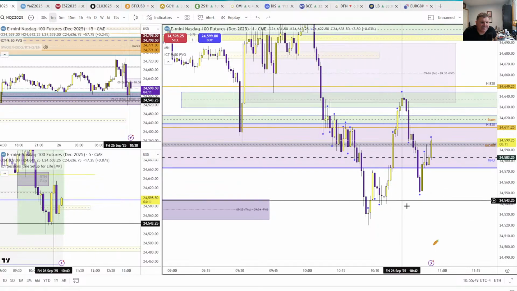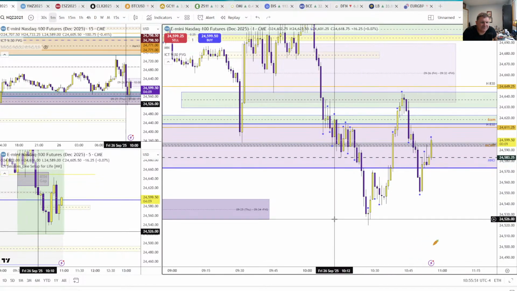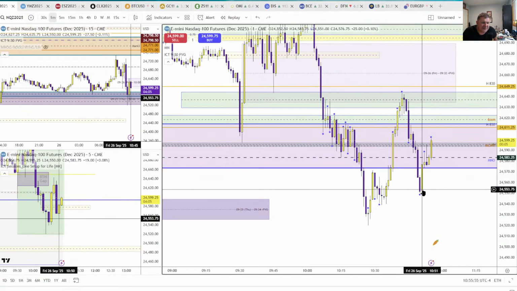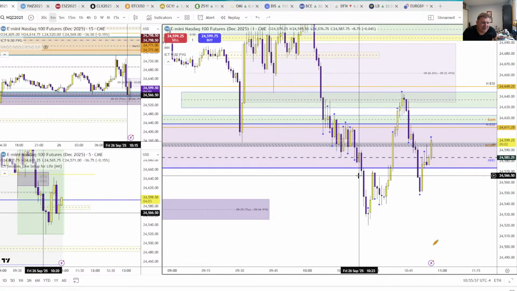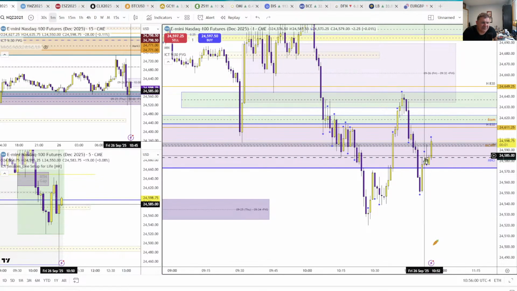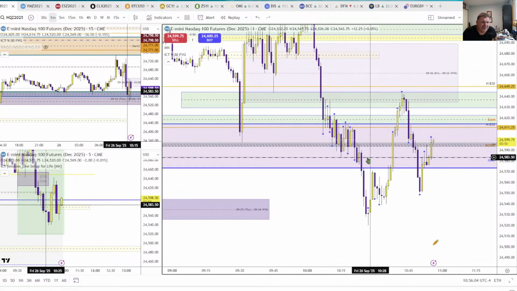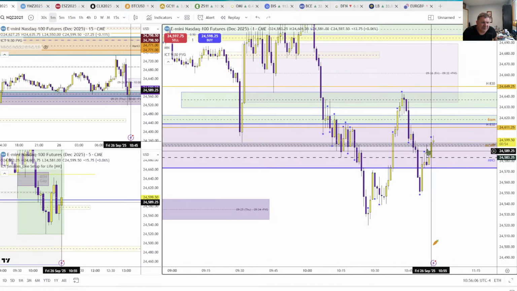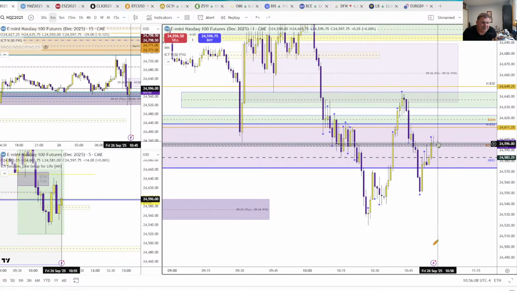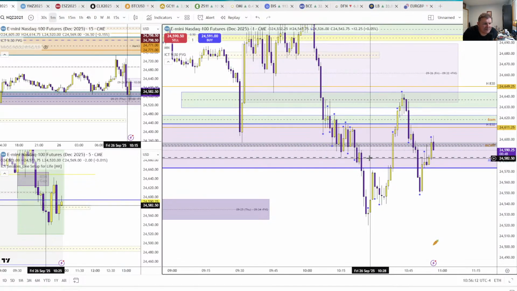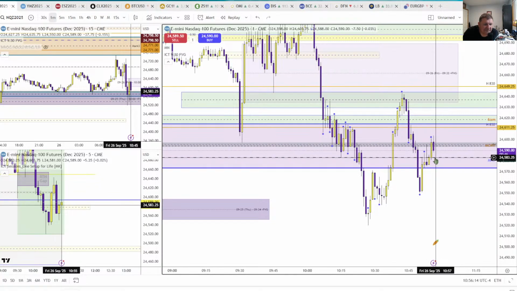And we have not taken a low with this swing. We've just traded back into this SIBI, and we did trade through it on a close. And now we've traded back through it on a close going the other way. And you've got an overlap here. This breaker is going to get reclaimed, find some support at that and push higher, right to the mean threshold, right to that opening right there.